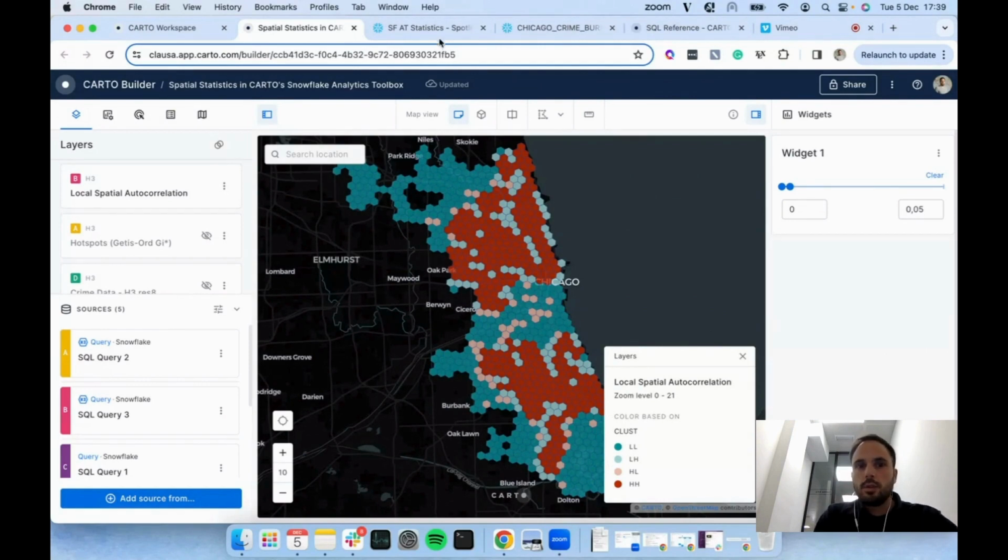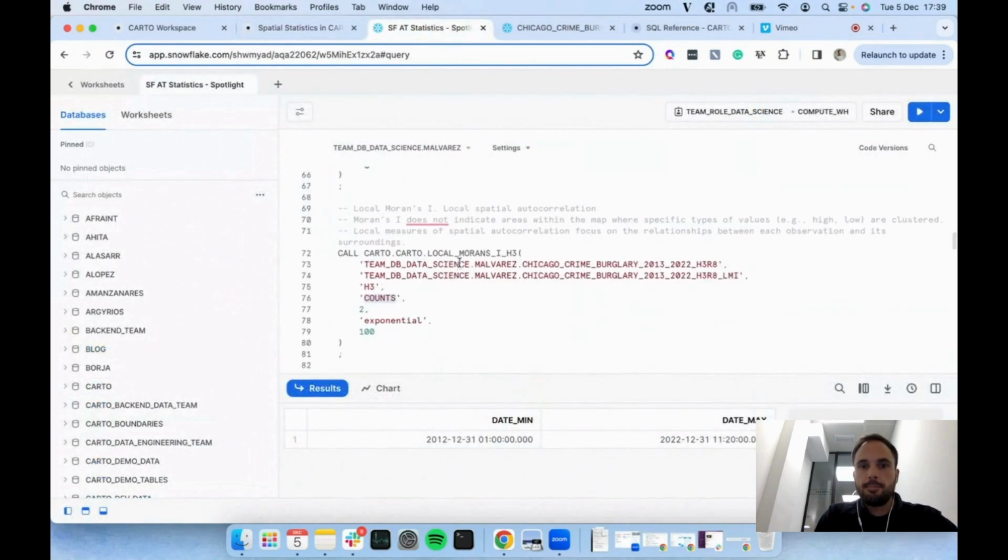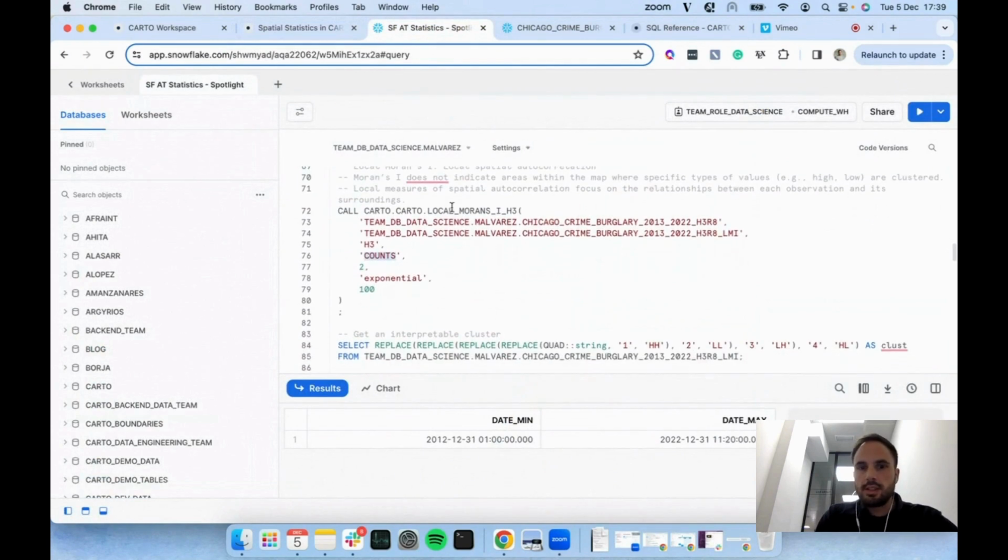So in this case, in order to compute local Moran's I, the function is called exactly local Moran's I H3, in this case because we have H3. The input is the exact same as we used before. So we just have to input the table, the output table name, the spatial index column, the variable that we are interested in.